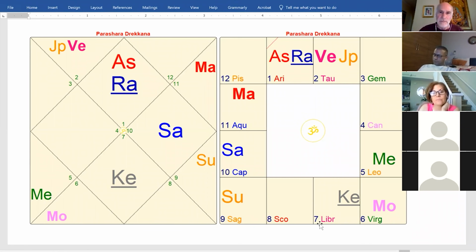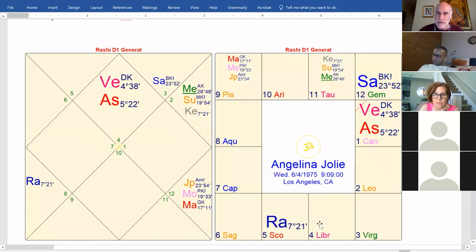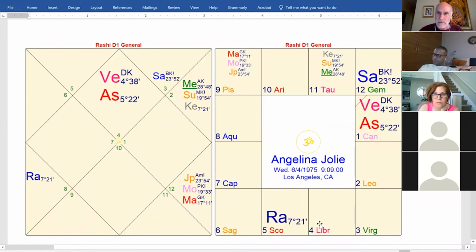Now, you can look at the positions of certain planets in Jolie's chart. Remember, you have Saturn in Gemini, and you have Jupiter in Pisces, Mars and Moon in Pisces, Sun in Taurus.